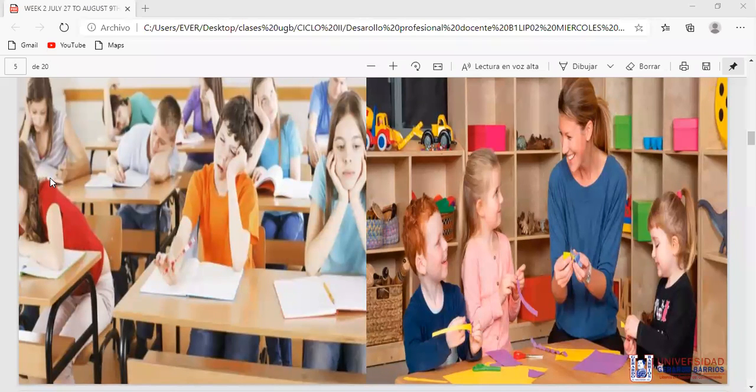Well, if you want to say herramienta, it would be tool. However, I think you are referring to a guide, como una guía. A guide is a guide. In the second image, the teacher is a guide for the children, and they will do things in the best manner.